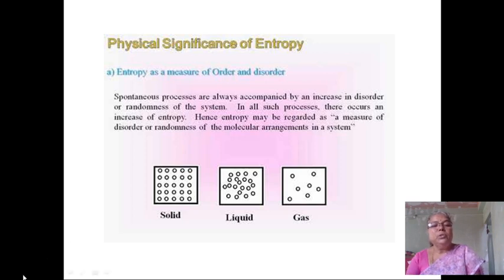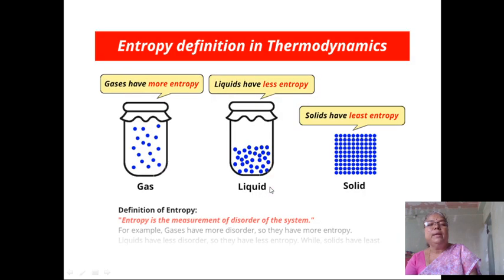As we heat the solid, the regular and systematic arrangement is disturbed, and the solid will convert into liquid. That means here order decreases. Again, if we heat the liquid, it converts into gas. Again, disorder increases. That means as temperature increases, disorder increases and entropy increases.